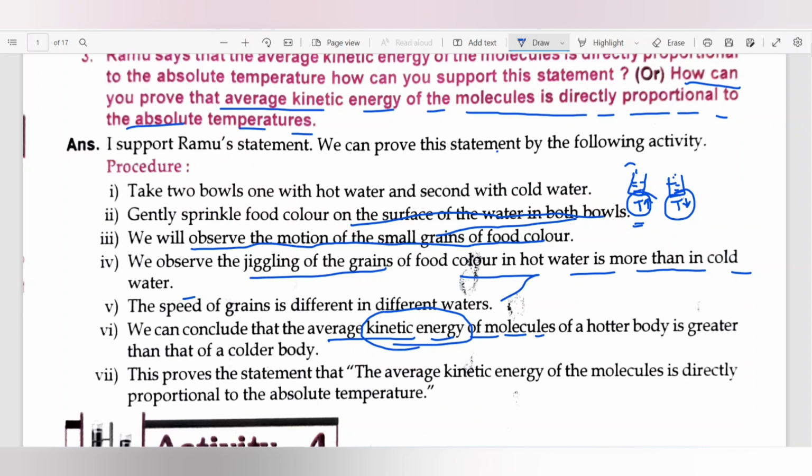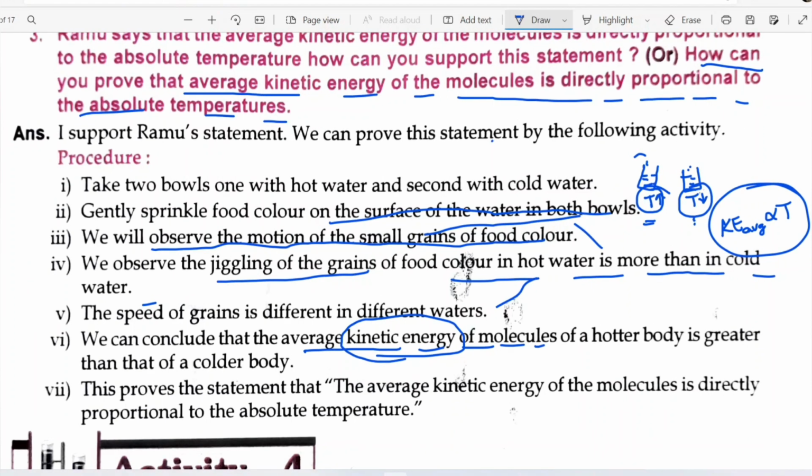So when we have more temperature, we have more kinetic energy. When you have less temperature, you have less kinetic energy. So the average kinetic energy of the molecules is directly proportional to absolute temperature. Next, moving on to the next activity.